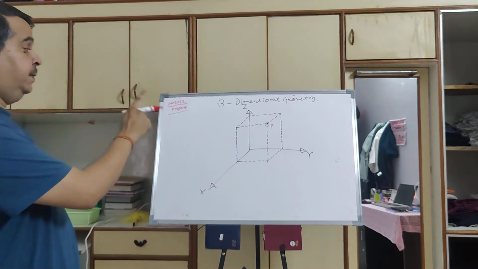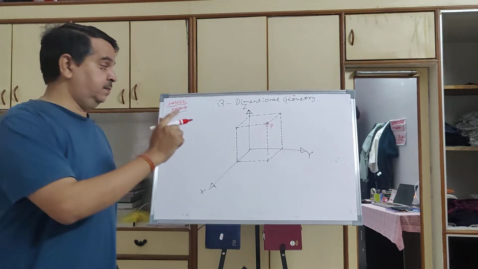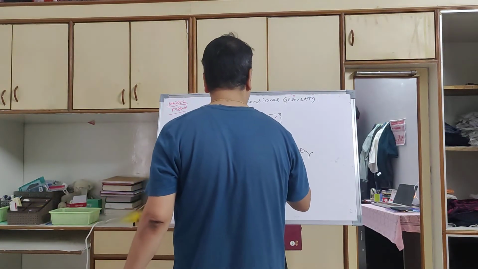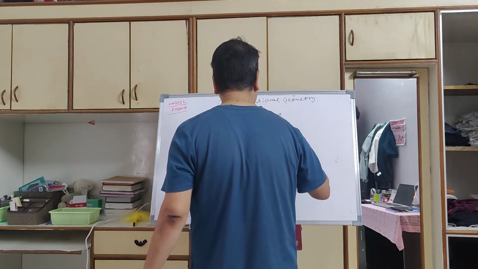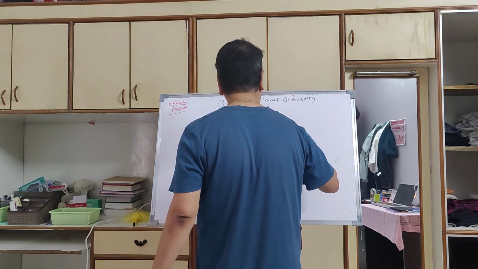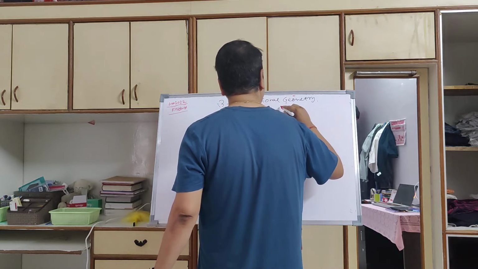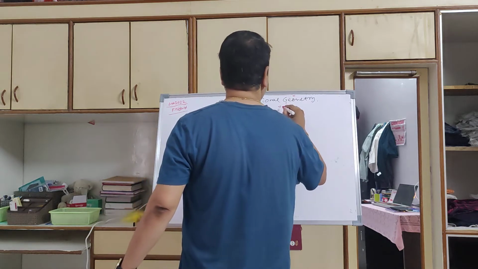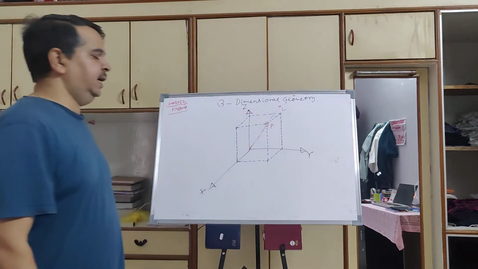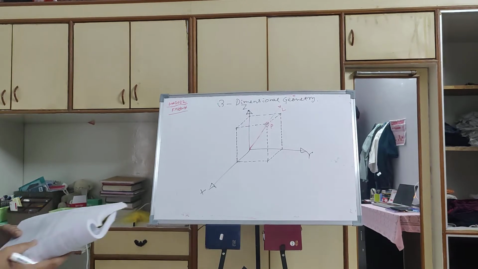Remember, if it passes through P, it is not in the YZ plane, it is in XYZ space. When we draw on a blackboard we cannot represent 3D, so sometimes it will be difficult to visualize. But just imagine you are drawing a line L which passes through point P.